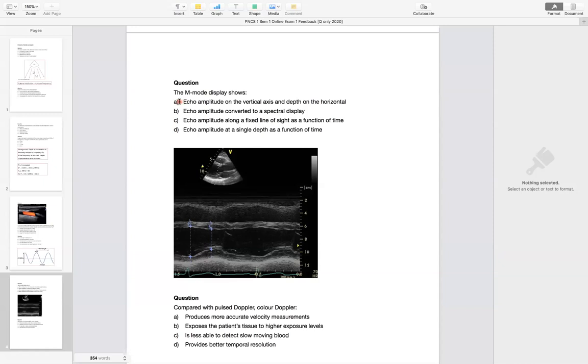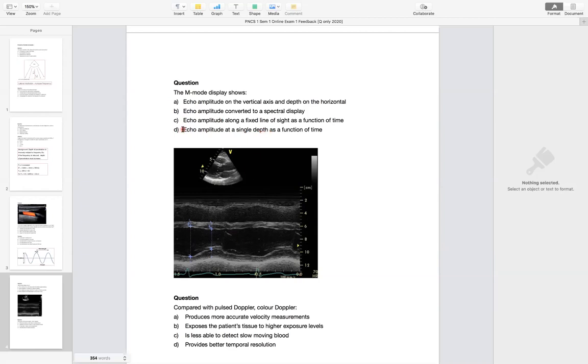Now that really is related to B here too. The only correct answer for these would be something related to spectral Doppler imaging, whereby we've got a vertical and a horizontal axis that give us amplitude information. Is it D, echo amplitude at a single depth? Well, no.